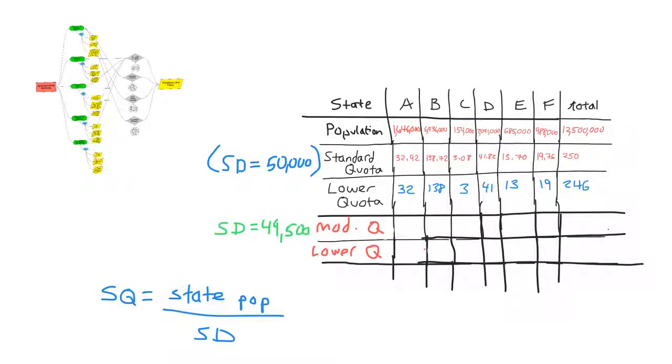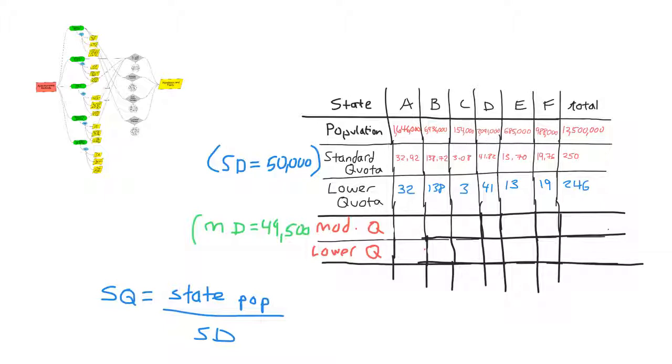What we've done by changing the divisor from 50,000 to 49,500 is that we're now going to have a modified quota that is larger than the old standard quotas. To be perfectly accurate, we're going to refer to this new divisor of 49,500 as the modified divisor. We had the standard divisor from before, and we just modified it to 49,500. All right.